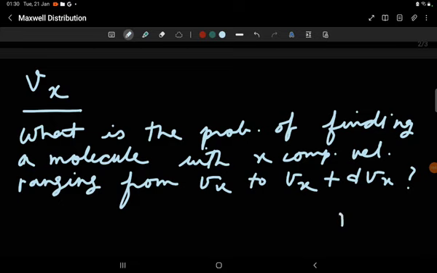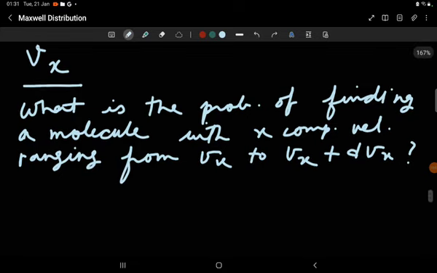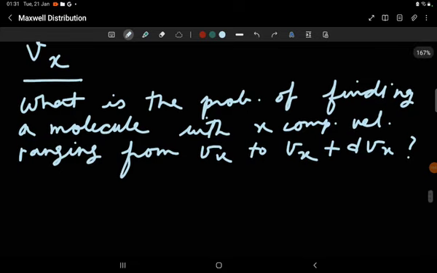So what we did was we broke down the problem of three dimensions into a single dimension, Vx.